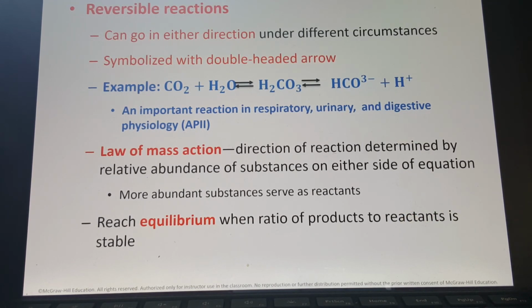Some reactions are reversible. So in this case, for example, you'll see this in AP2, where we have our reactants and they can go this way towards the right and eventually end up with these molecules. Or you can start off with these molecules and then you go back toward having carbon dioxide.